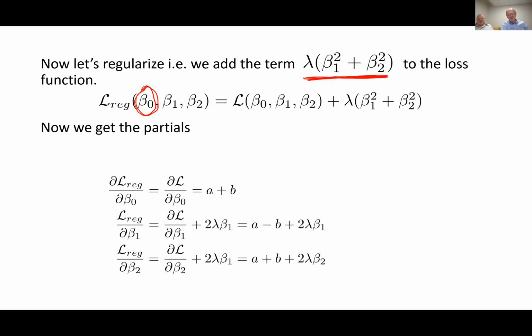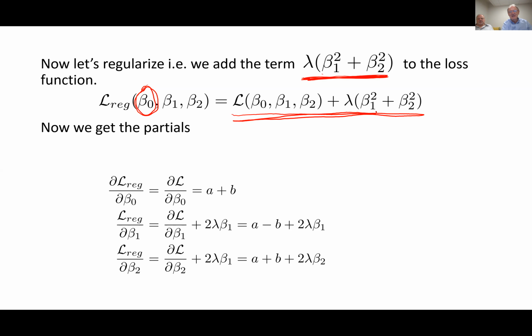So we only try to limit the size of beta 1 and beta 2. You can regularize over all three if you want, but there are reasons why we don't do that. So our regularized loss function is now this.